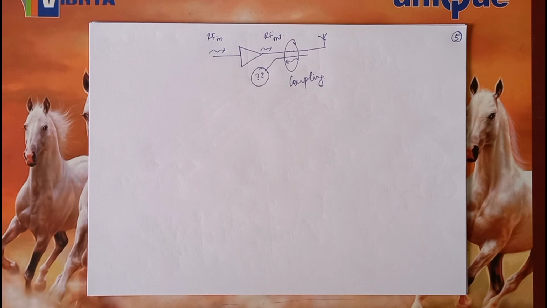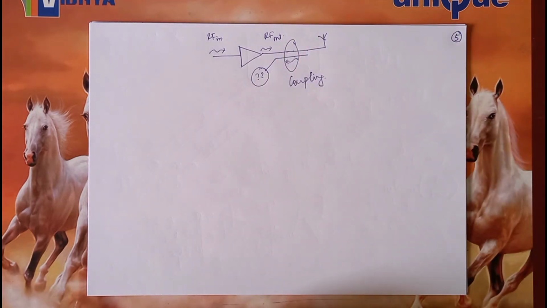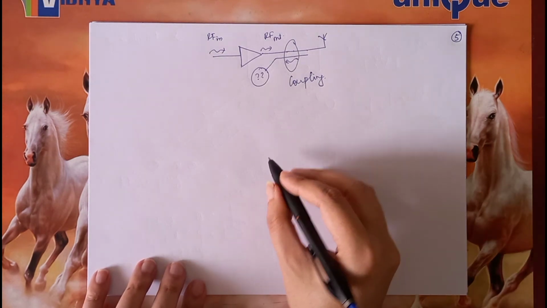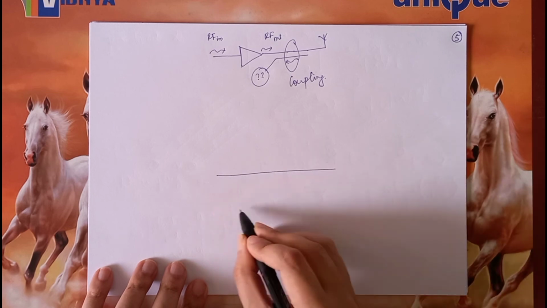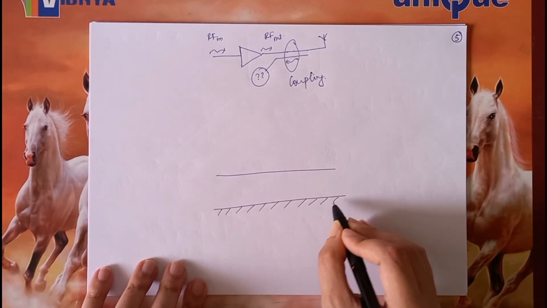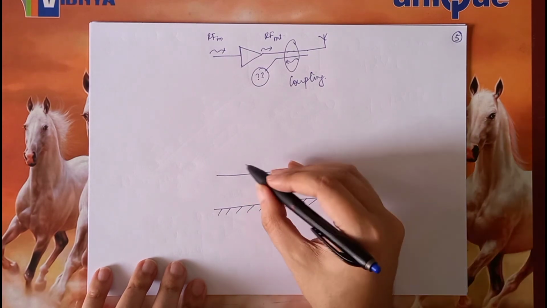Now let us look at this pair of conductors from a closer angle. Let us say I have a microstrip line. We know what microstrip is. The bottom conductor is ground.